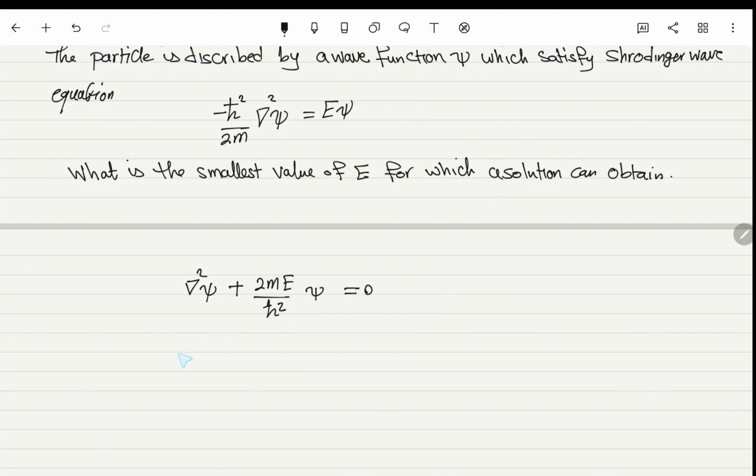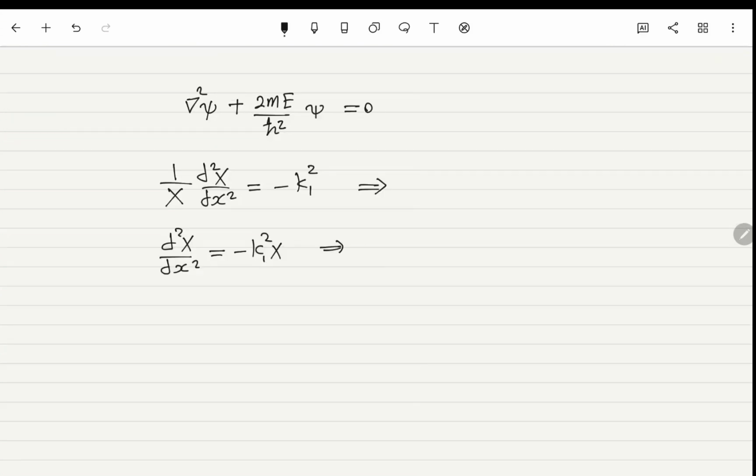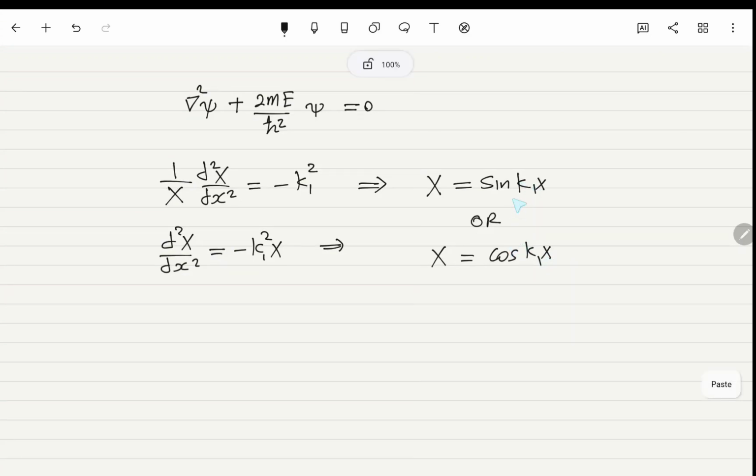We just solved that 1 over x d2x by dx squared equal to minus k1 squared. Now X for this case here is equal to sine k1x, or X equal to cosine k1x, and both satisfy the solution for this second order differential equation.